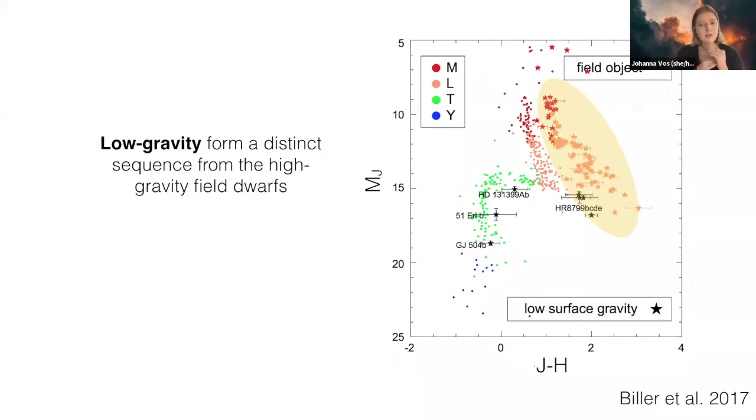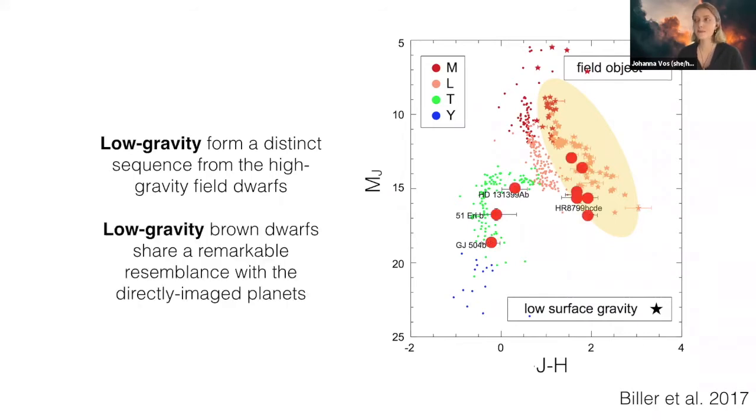So since it seems that low gravity affects the properties of the clouds, it is likely to expect that the cloud-driven variability will exhibit some sort of gravity dependence also. And finally, I've plotted a few of the directly imaged planets that we've detected so far, and you can see that they fall on this same sequence.